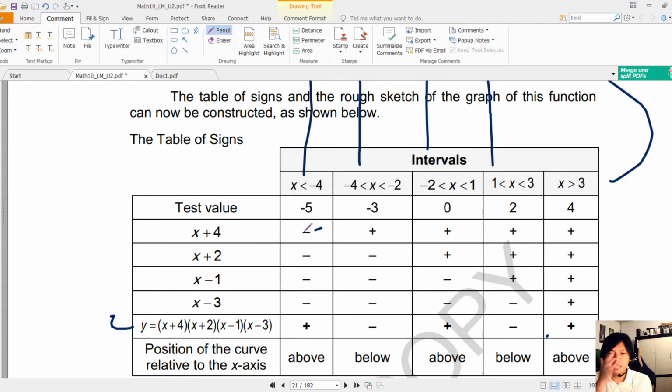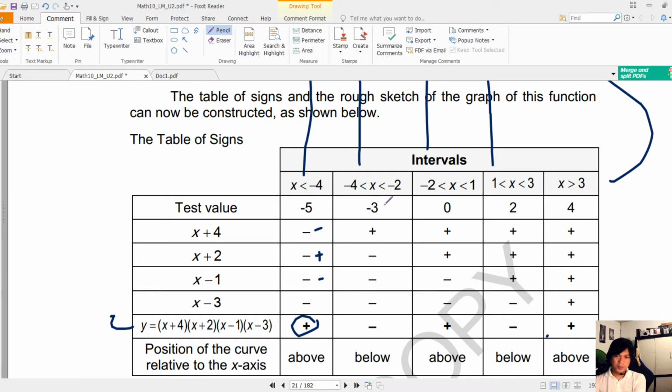So, negative times negative is positive. Positive times negative, negative. And negative times negative, positive. So, that's why positive yung dito. Para hindi na kayo mag-substitute each x dito para makuha lang yung sign, itong sign na lang ang gagamitin natin.